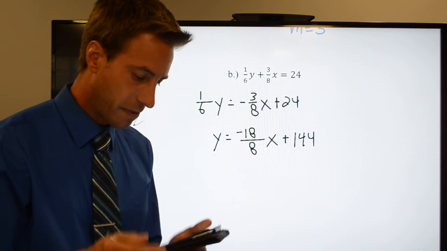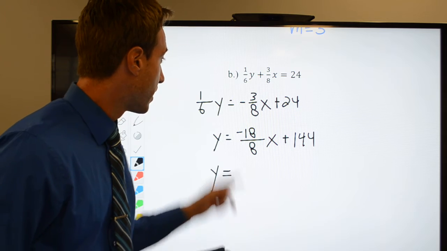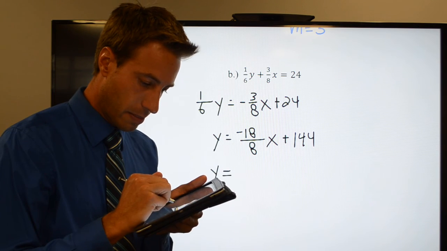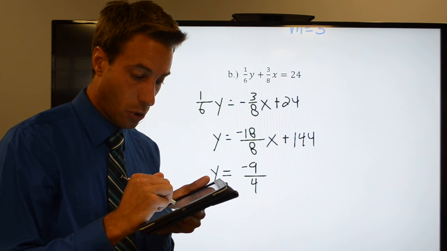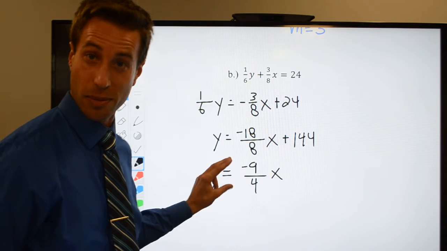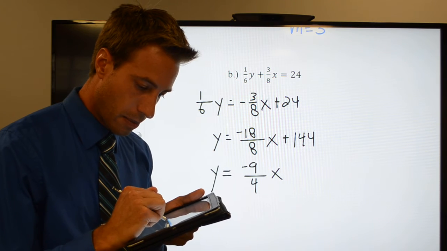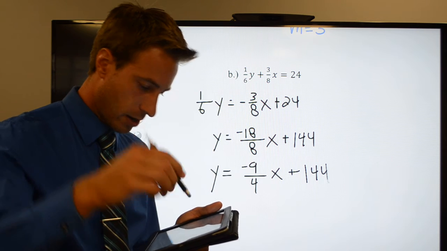Go figure. Common factor of 2. If I pull a 2 out of all those guys, the negative 18 divided by 2 would leave me with a minus 9. The 8 divided by 2 is going to leave me with a 4. And that's the best I can do. 9 and 4 don't have anything in common, so that fraction is reduced, plus 144, and that's not really that big a deal.